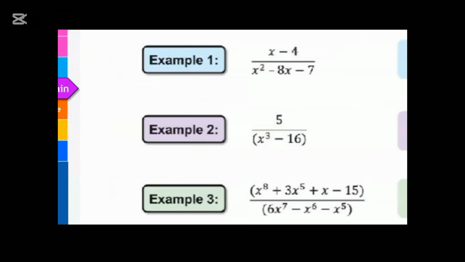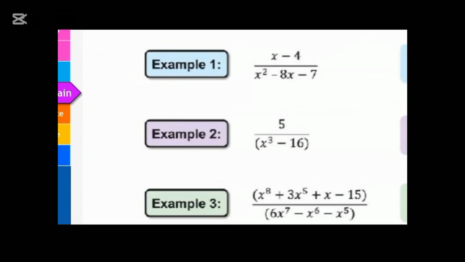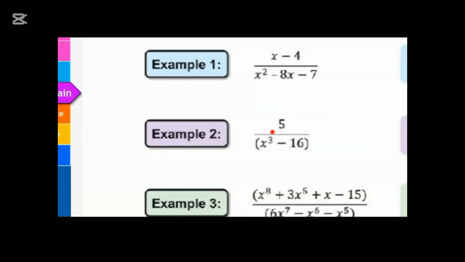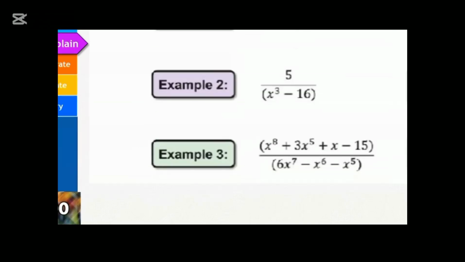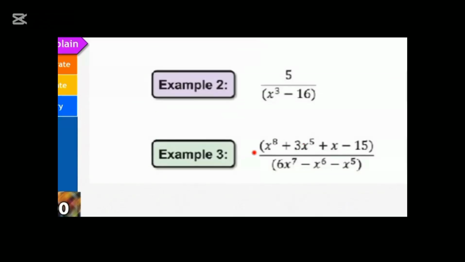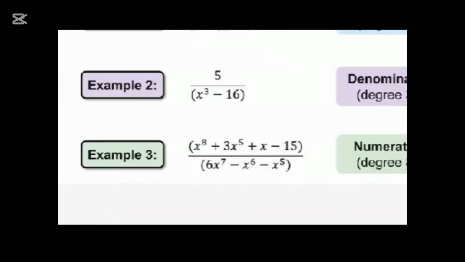Denominator, you mean denominator, because it's x square. Okay, which one here, numerator or denominator? Denominator. Yes, because it's x power 3. And here, numerator, because here it's x power 2 in the denominator, and in the numerator it's x power 7.